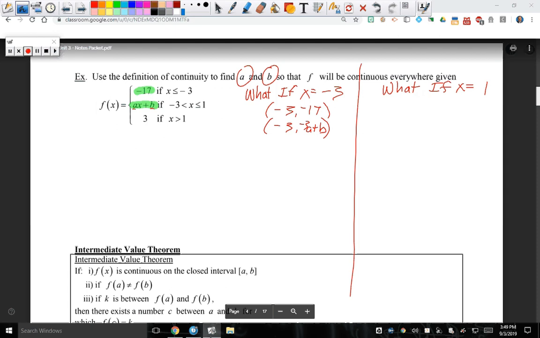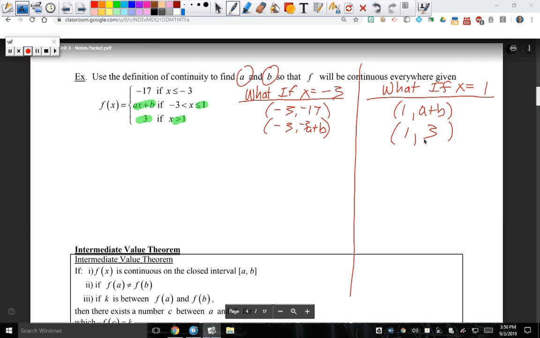Okay? Let's do our other what if moment with x is equal to 1. This time, because x is equal to 1, we're looking at these two. So the first point that we'll have is 1, a plus b. Nice. And then what's the other one? 1, 3.